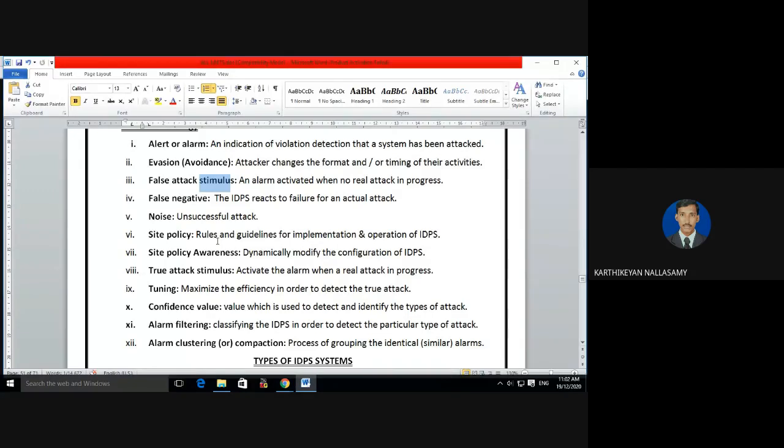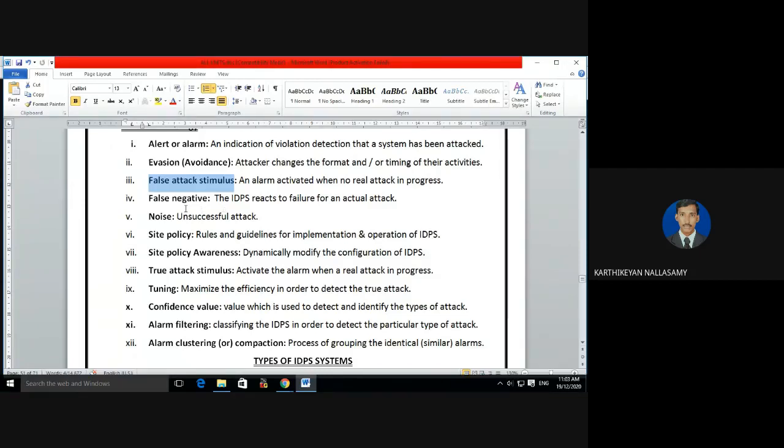I will repeat once again. These are all the components and the procedure related to the working principle. A false attack stimulus means that the alarm is activated when there is no real attack in progress. That is called a false attack stimulus.